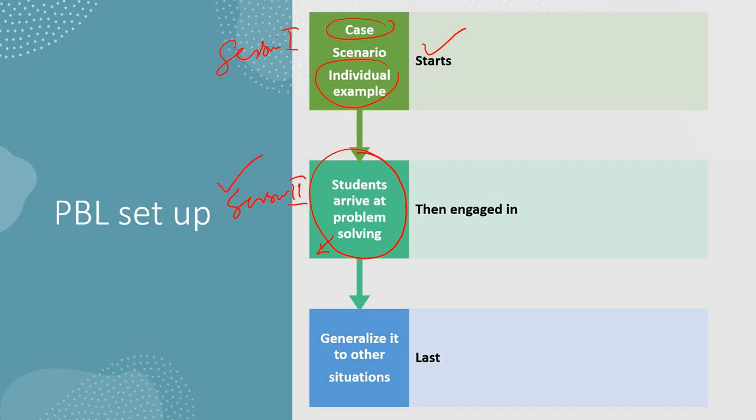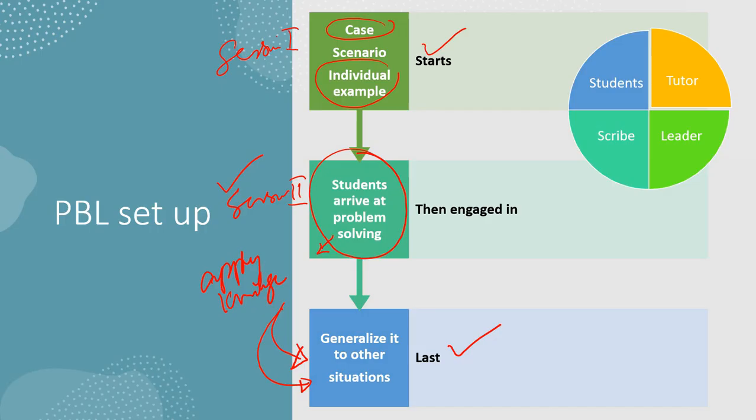Then they should be competent enough to apply the knowledge gained in this session of PBL, so that they can generalize it to other situations. And when they come across a similar type of scenario in the future, then they will become a true problem solver at the end. This is the targeted outcome for a PBL.